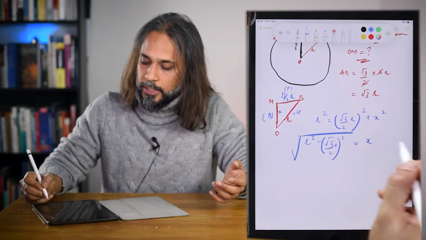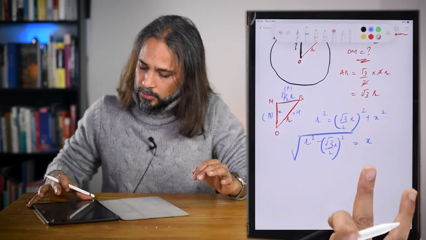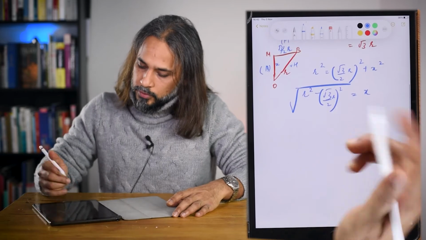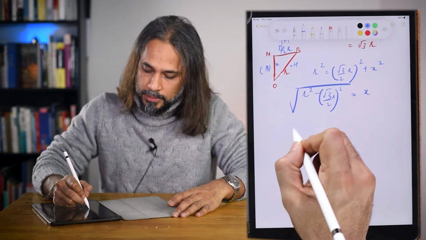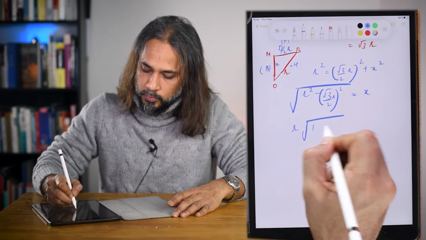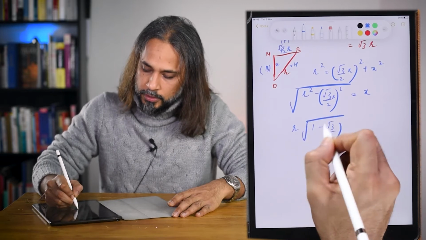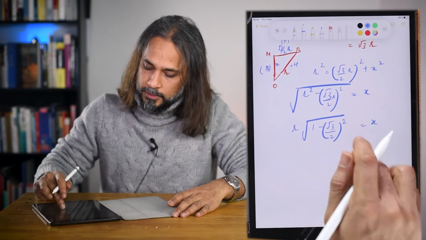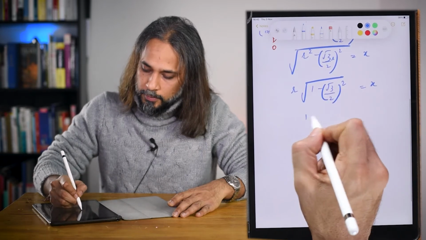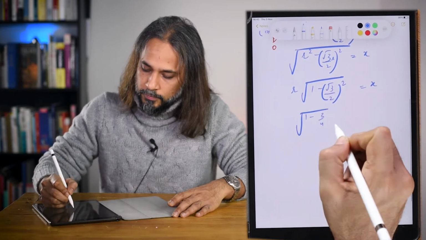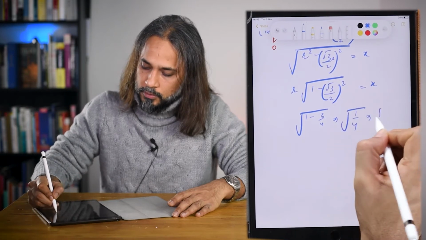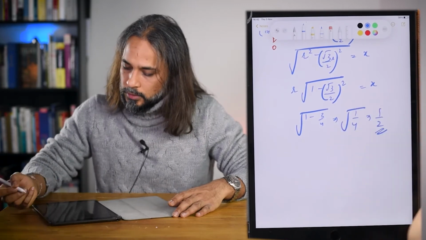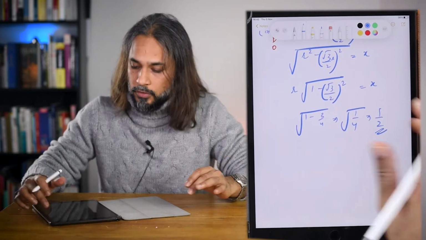R square gets out, which is R. Inside is 1 minus root 3 by 2 whole square, so this is 1 minus 3 by 4, which is 1 by 4, root of which is 1 by 2. Fair enough, this is how you would solve.